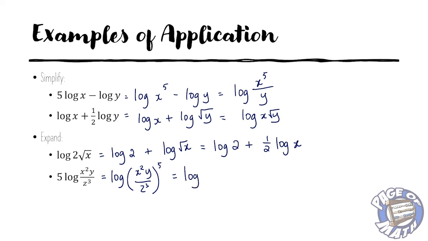When we raise a power to a power, it's multiplied. So x to the 10, y to the 5, divided by z to the 15. So this becomes log of x to the 10 y to the 5, minus log of z to the 15.